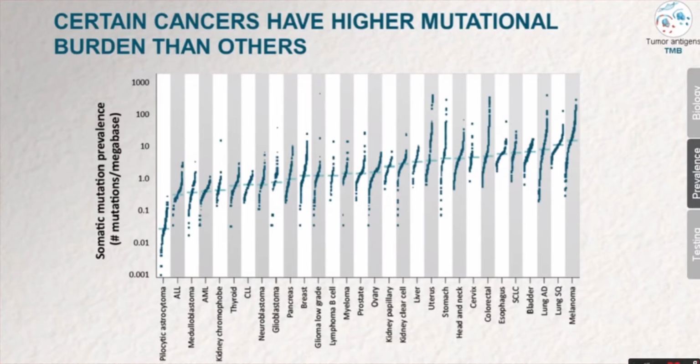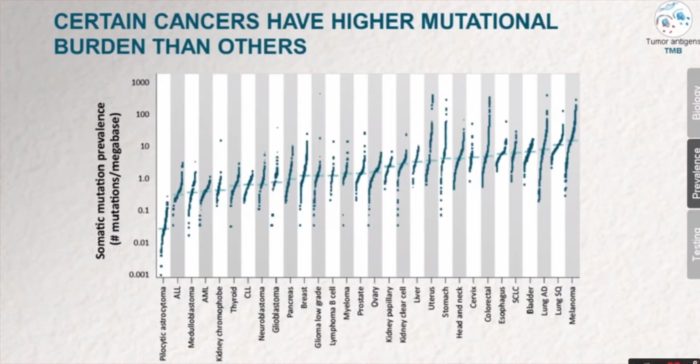If we look at the bottom, on the far left is pilocytic astrocytoma with the lowest mean number of mutations. If we look to the right, the tumors on the right are melanoma and lung squamous cell cancer that have the highest number of average mutations.